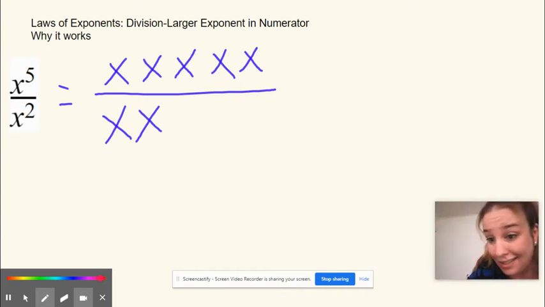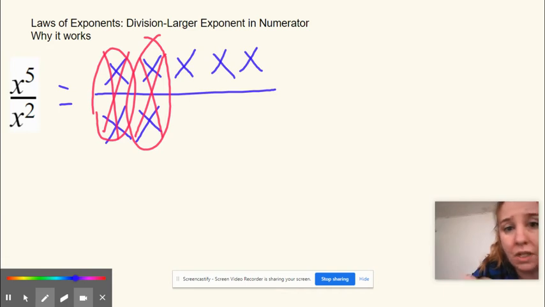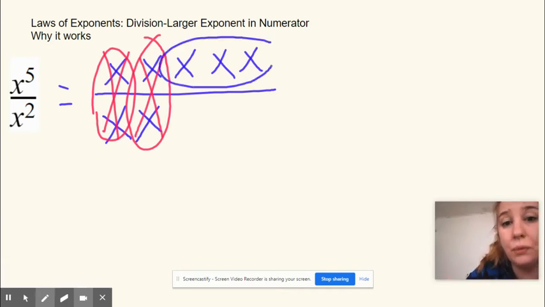That's why we can cancel stuff out. It doesn't just magically cancel. So this x cancels out this x, and this x cancels out this x. So we're only left with these 3 x's here. And once we recondense that, you're going to be left with x to the 3rd as a final answer.